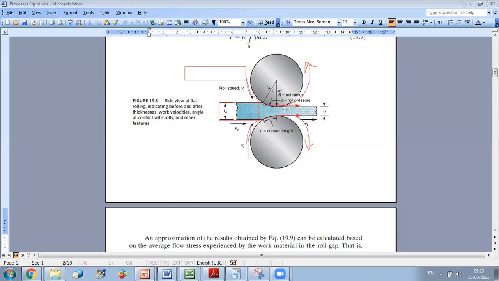In order to have an overall motion of the plate in this direction, this velocity will add to V0. So the final velocity will be equal to V0 plus the rolling velocity of the rolls on the plate, which will try to take it in this direction. By adding to its velocity, V final is higher than V0.